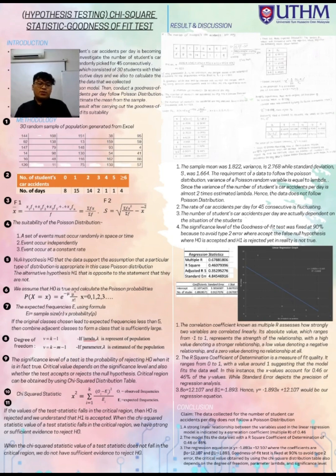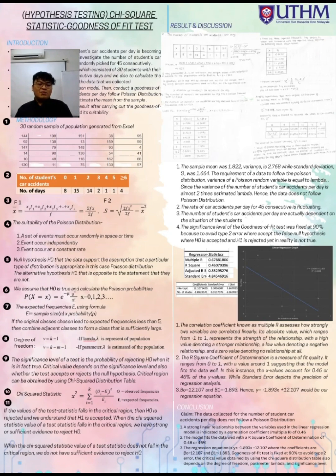So after we get it, we're going to see part two, which is going to tabulate the data. For the number of students involved in car accidents, zero is 8 days, and for one time it is 15 days, and for two times it is 14 days.